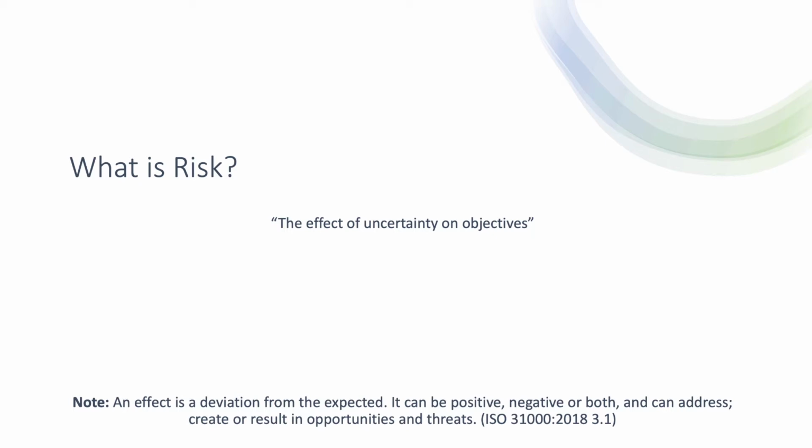It means it can be positive, it can be negative, or it can be both. And it can address, create or result in opportunities and threats. So the definition of risk can be given by ISO.